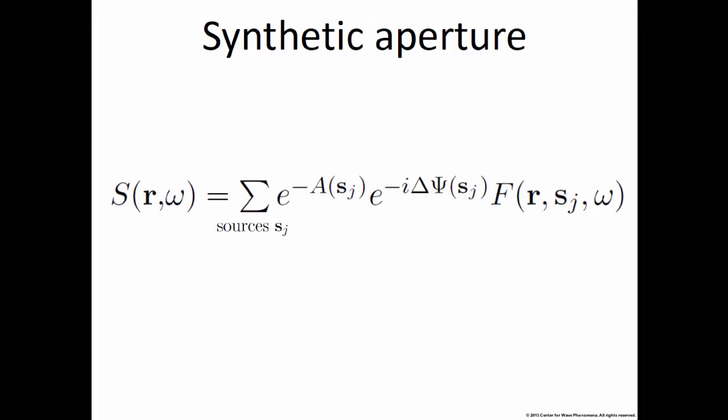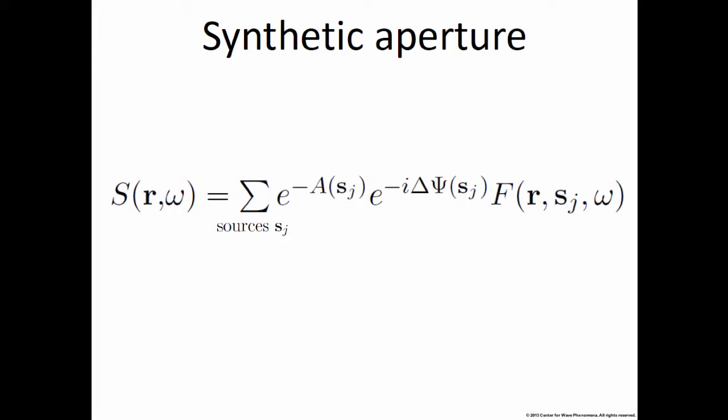And F represents the response for a single source at a single frequency omega. And F can be any component of the electric or magnetic field. Delta psi here is the phase shift, and A is what we call the energy compensation term, which we use to account for the rapid decay in the field and the differences between individual sources.